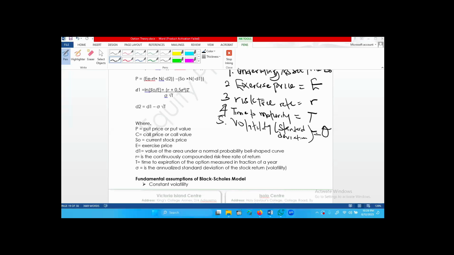Then the standard deviation sign, the annualized standard deviation for the stock market.